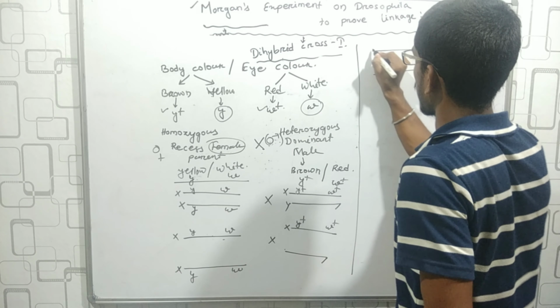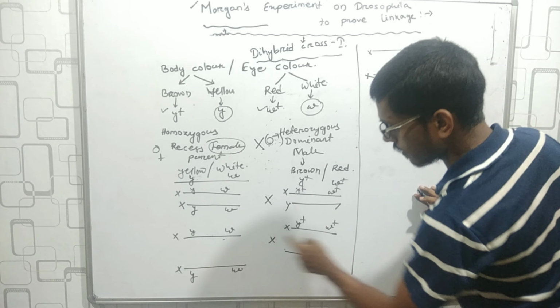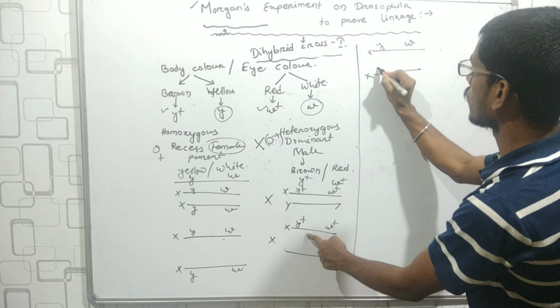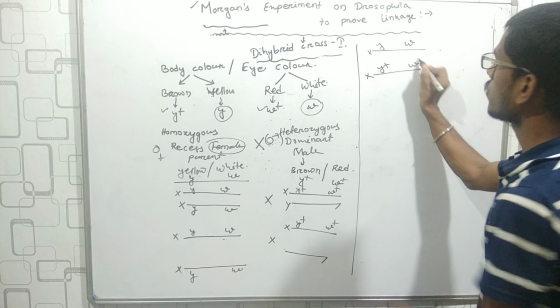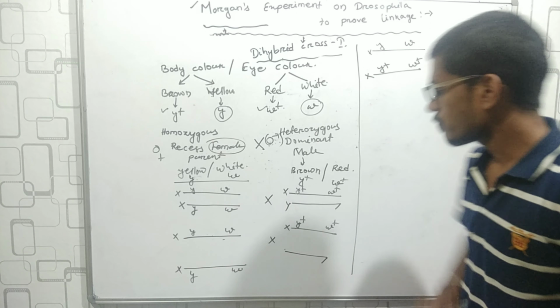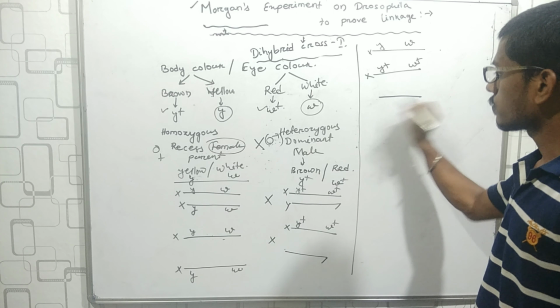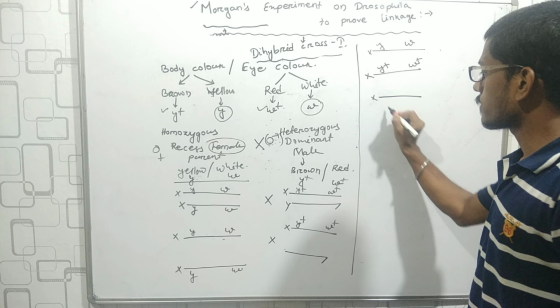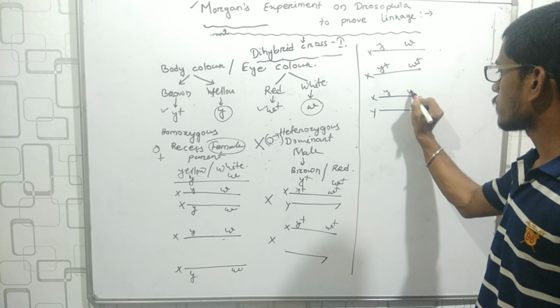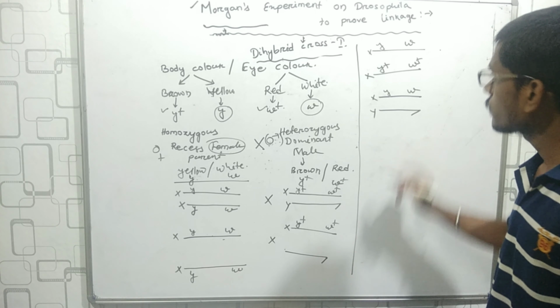If this and this cross, then X with small y, small w, and small y plus, small w plus. If it crosses with these, then what will happen? X and Y will form, and this is small y, small w, and here that is absent.